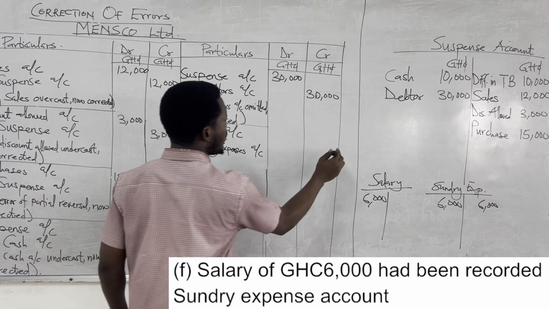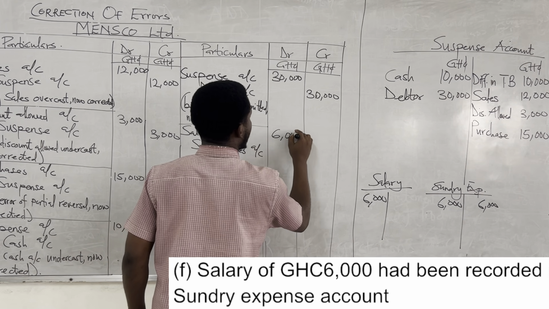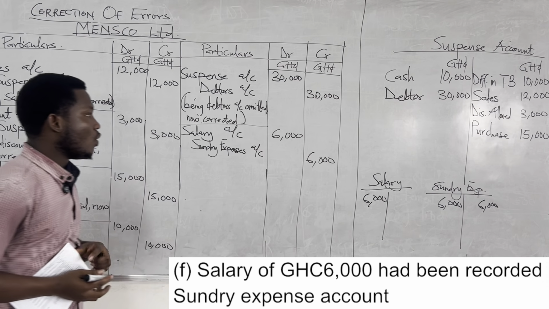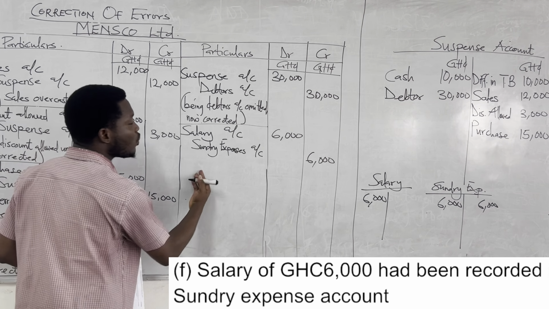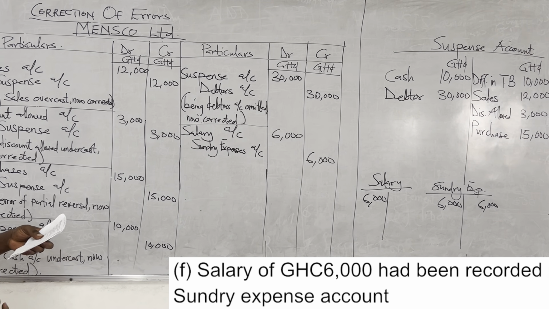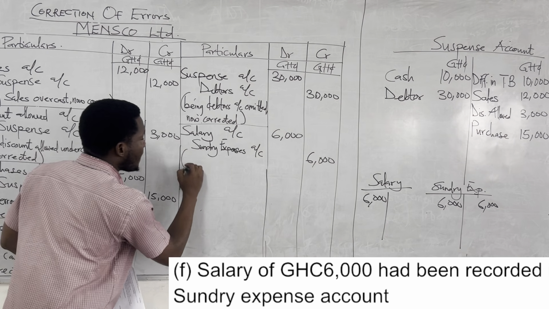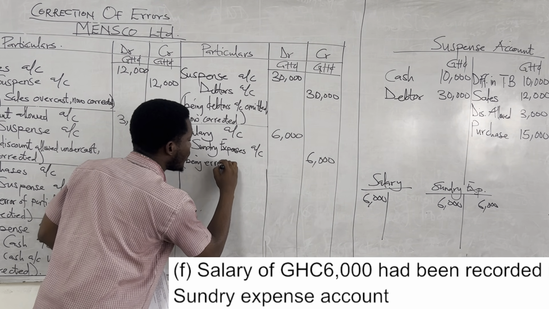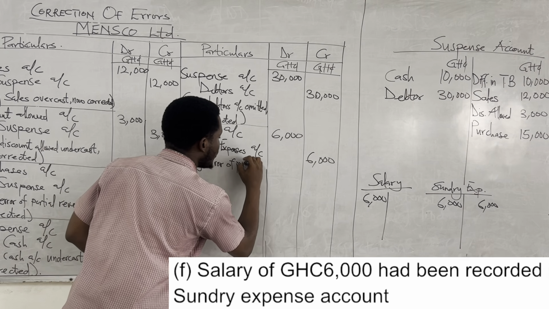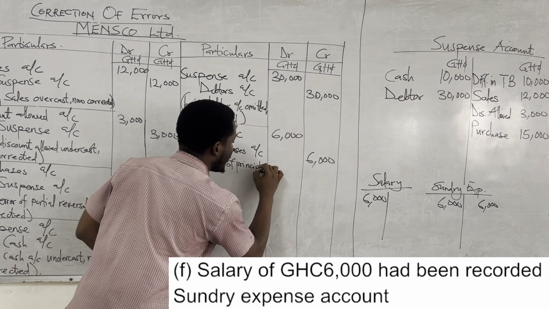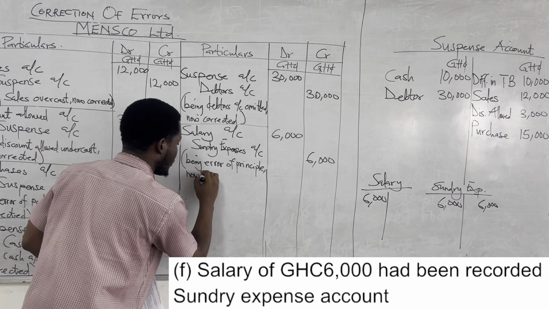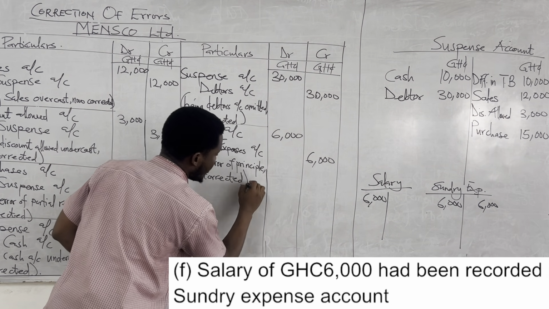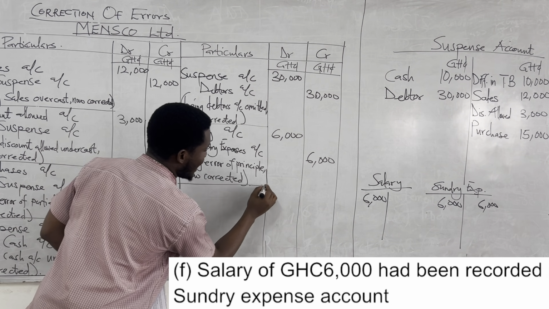So we have 6,000, and we also have 6,000. Now, this 6,000 that we have, the narration will be: being error of principle now corrected. So then you underline.